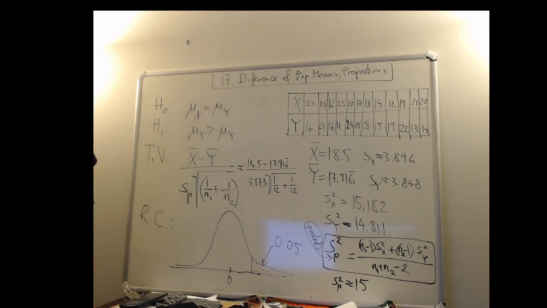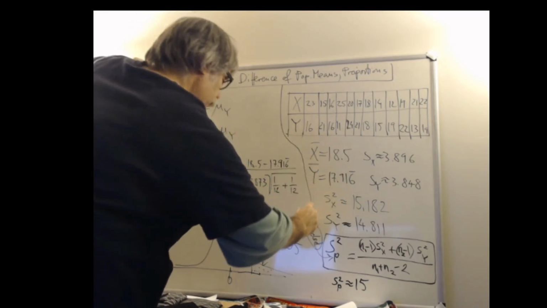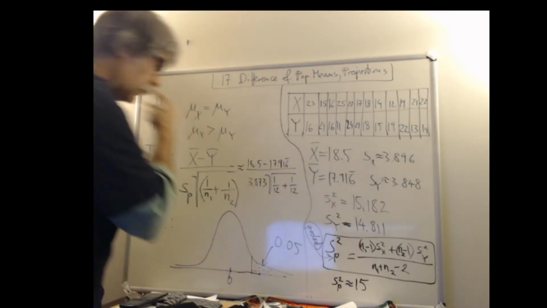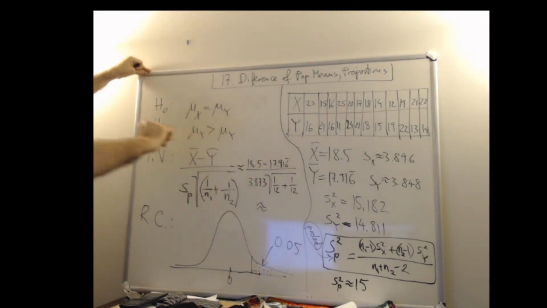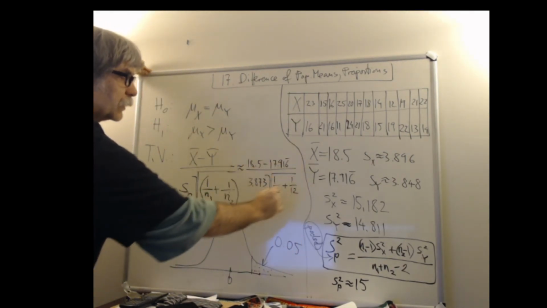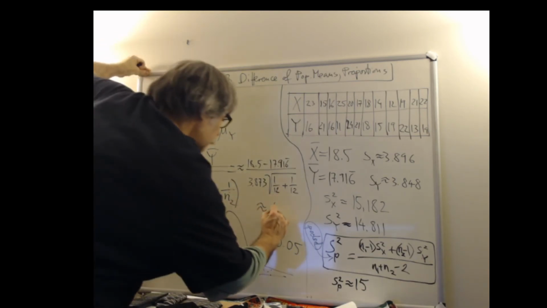I already have calculated that in the paper. I'm just going to tell you what that is. I'm going to separate this because there's lots of stuff written here. I don't have much of a board. This is the whole enchilada, 0.369.